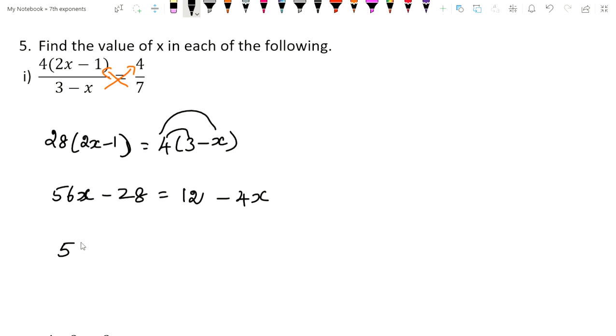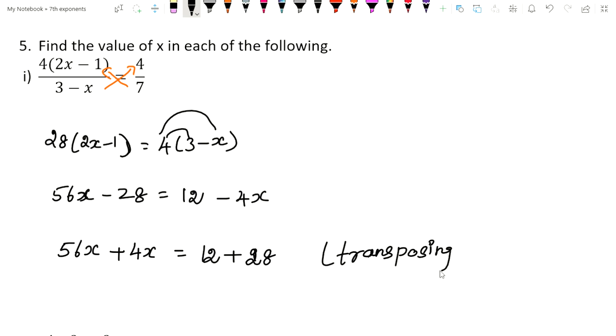Next, bring the x to the LHS. So 56x plus 4x, because subtraction will change to addition on the other side. 12 minus 28 will change to plus 28. Okay, so transposing minus 4x to LHS, minus 28 to RHS. So 56x plus 4x, you will get 60x, equal to 12 plus 28, you get 40.